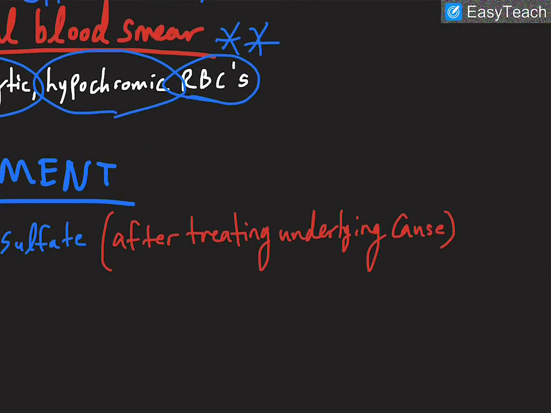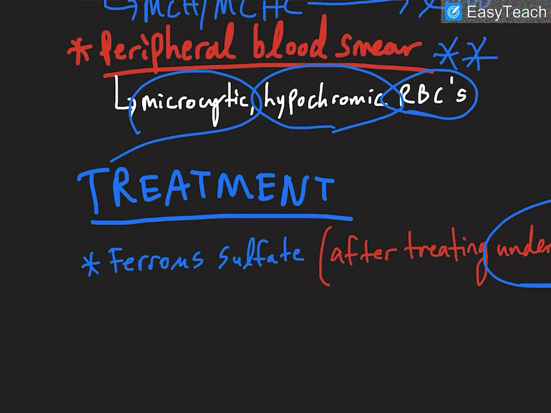So after treating the underlying cause, then you would give iron in the form of ferrous sulfate. And it would be a good idea to also add vitamin C because that helps with the absorption of iron. All right. And then, of course, what if they have celiac disease or severe anemia or severe malabsorption, where oral iron won't really help?